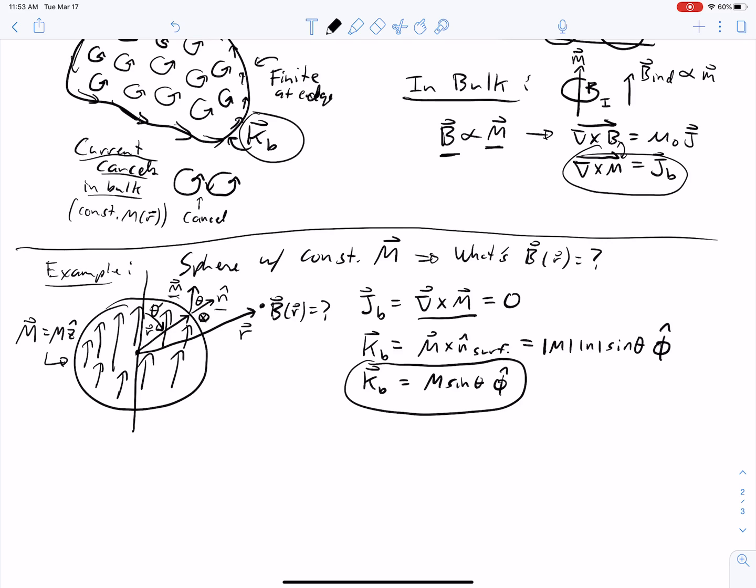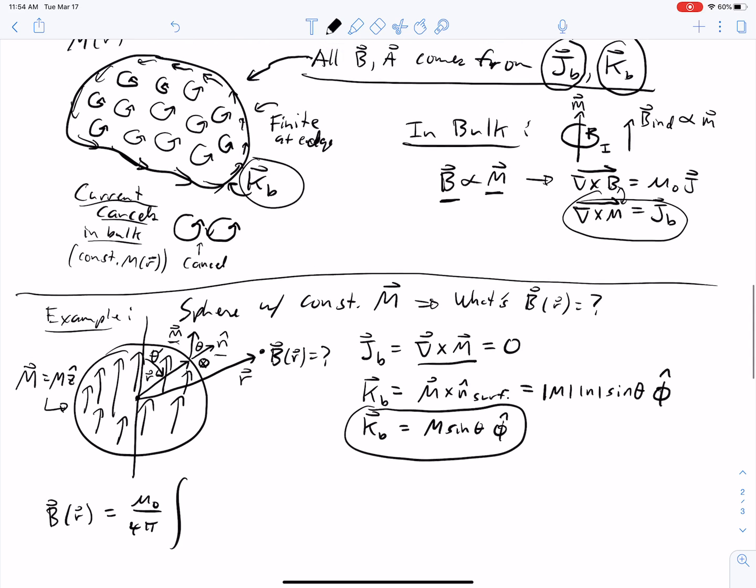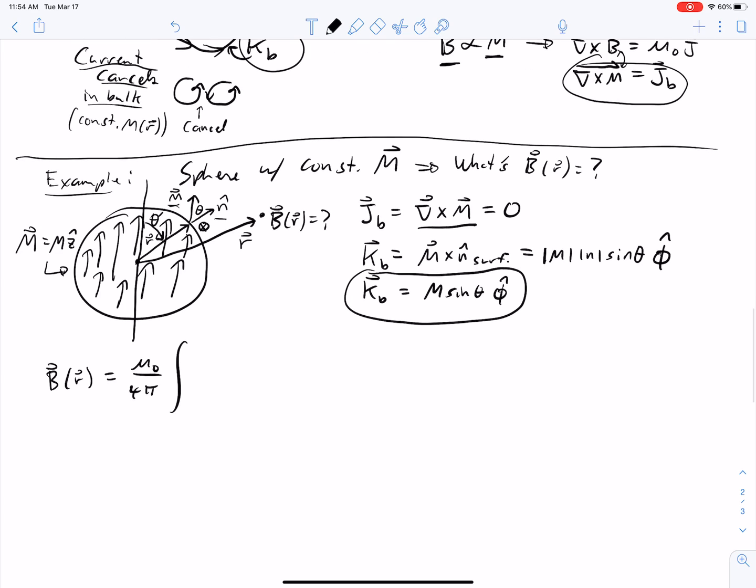So now I can just use the Biot-Savart law, because I know that B of R is equal to mu naught over 4 pi times the integral of K dA cross R hat divided by R squared, because that's the Biot-Savart law.